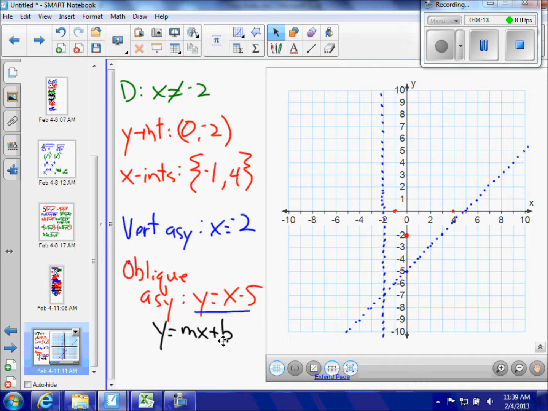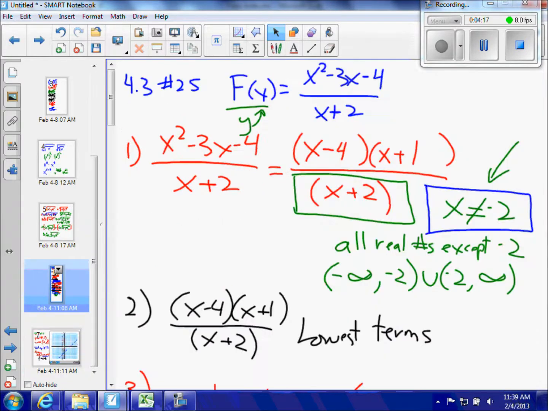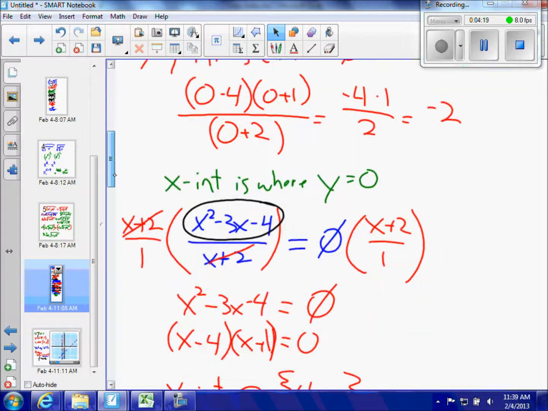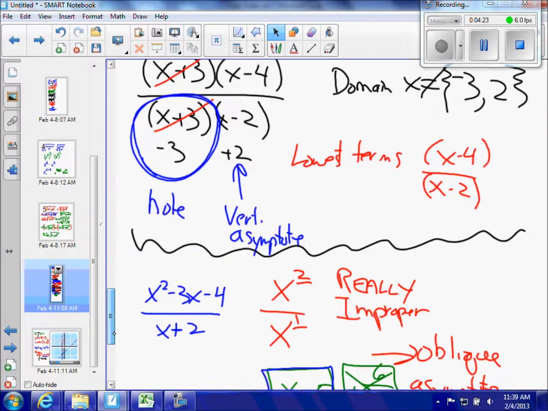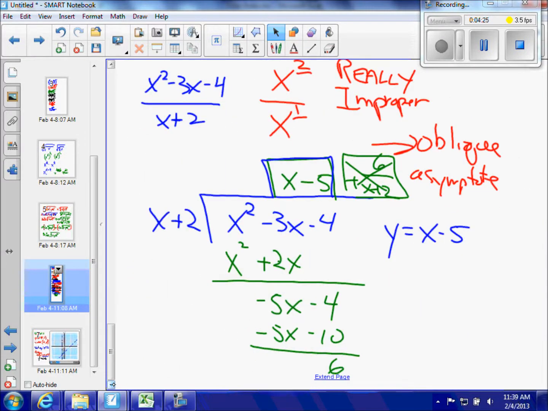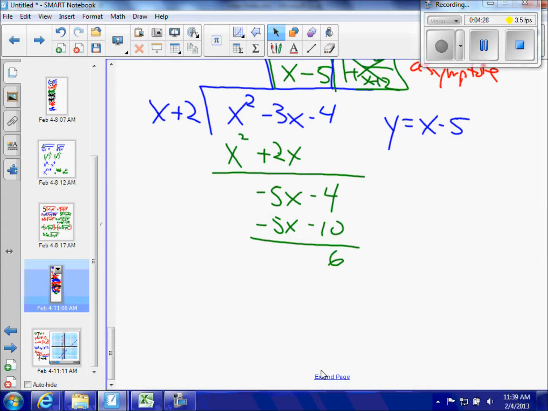So the next question says, as part of step number 6, I need to determine where, if any place, my function crosses my oblique asymptote. Well, if I had two linear functions, this is a different question.